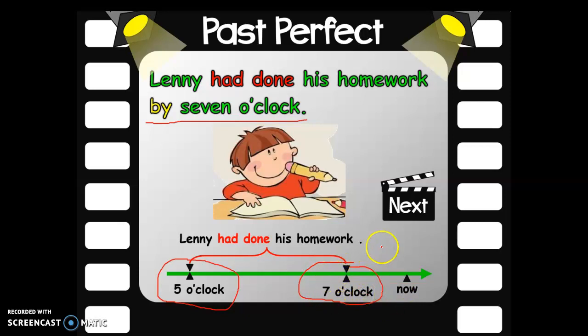And 7 o'clock is in the past because now maybe it is another time. So we can use by 7 o'clock, by plus a specific time. Also, we can use the expression by the time if we don't want to be very specific.